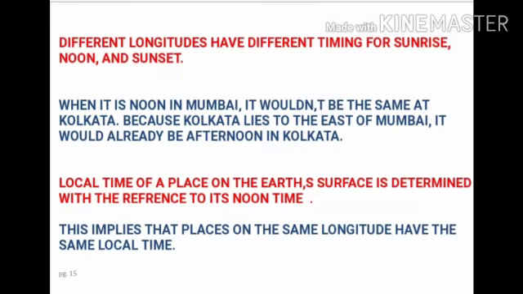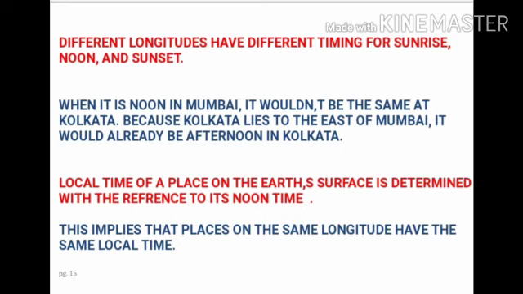Different longitudes have different timing for sunrise, noon and sunset. When it is noon in Mumbai, it wouldn't be the same at Kolkata because Kolkata lies to the east of Mumbai. It would already be afternoon in Kolkata. Local time of a place on the earth's surface is determined with reference to its noon time.